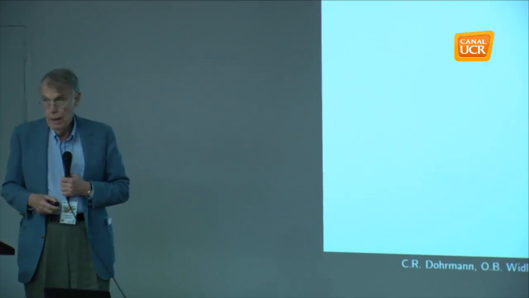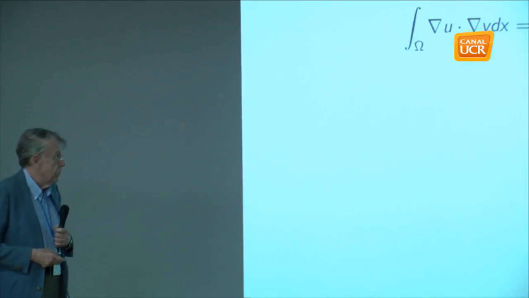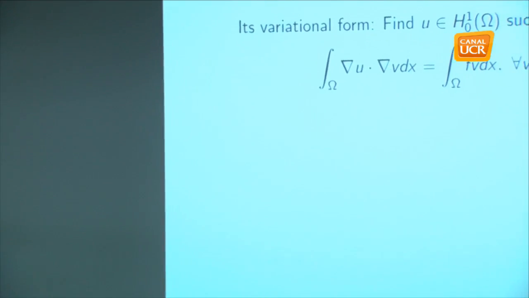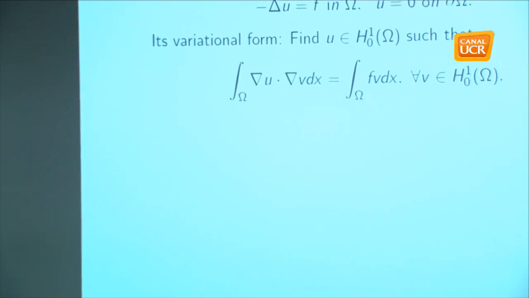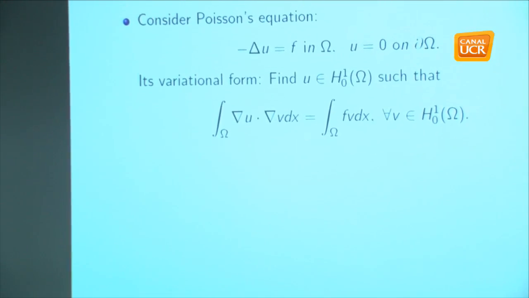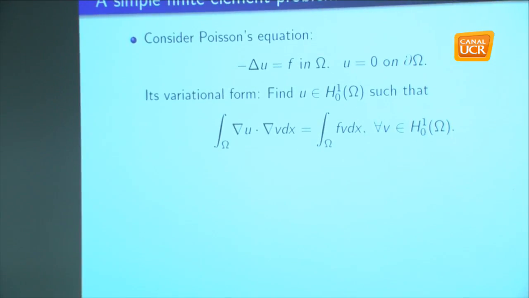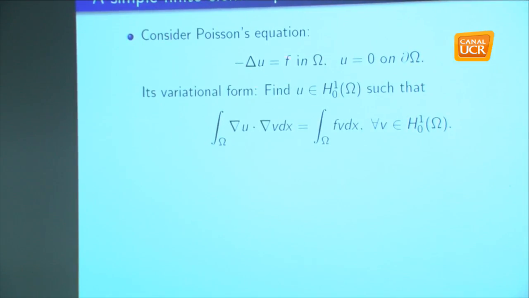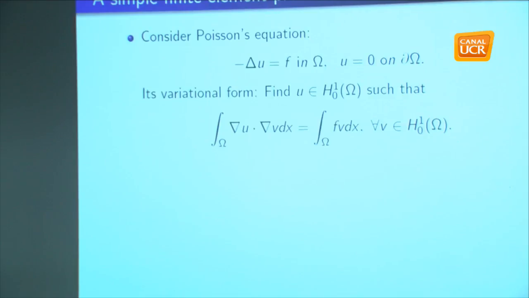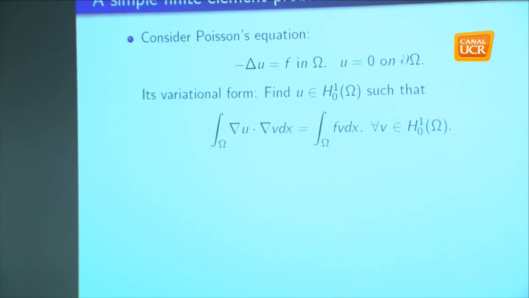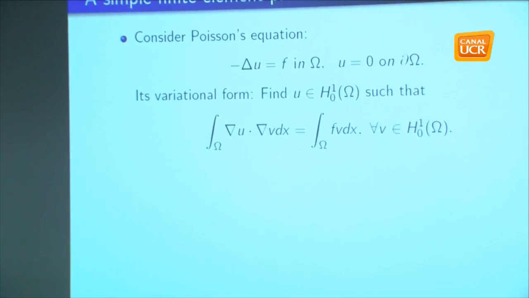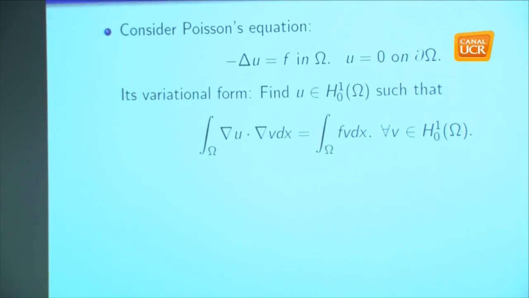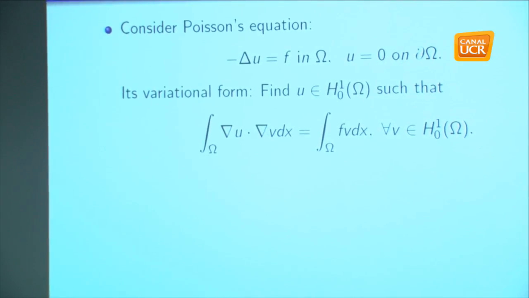So let's start with the fact that the main domain decomposition methods are mostly solvers for finite element models. Let's remind ourselves about the very simplest finite element model. We have a Poisson problem in a bounded domain, typically assumed to be Lipschitz, with zero boundary conditions on the boundary.